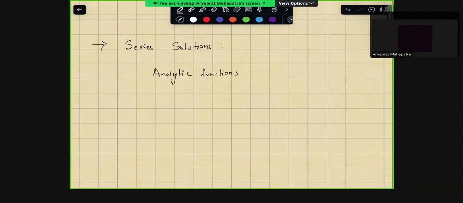From analytic functions, we saw what are ordinary points, and also we saw non-ordinary points, I mean non-ordinary in the sense of singular points.